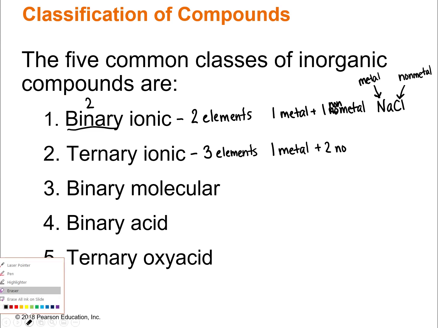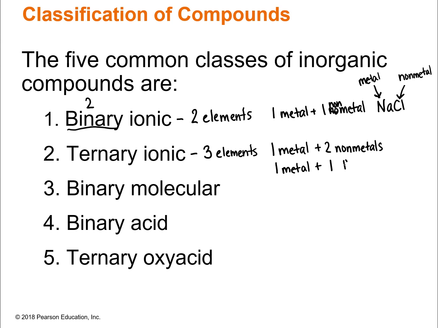Can't write today. So typically it'll be 1 metal plus 2 nonmetals. The other way that we can define this, which will make more sense once we get to the ions portion, is that you have 1 metal plus 1 polyatomic anion. So write that down, but don't worry about it yet.